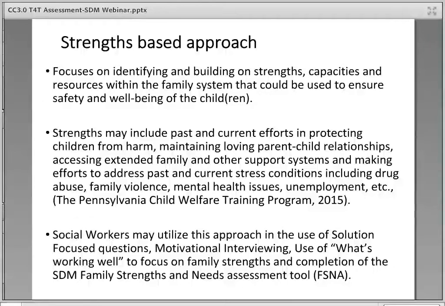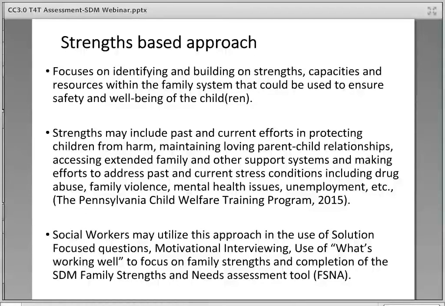Instructors can highlight this in the classroom by reminding workers of the importance of a balanced assessment and how using solution-focused inquiry and a strengths-based approach can help them gather rich and detailed information about the history of protection and the history of the problem, as well as gathering information needed for SDM assessments, while staying focused on the impact of the caregiver's actions or inactions on the child.